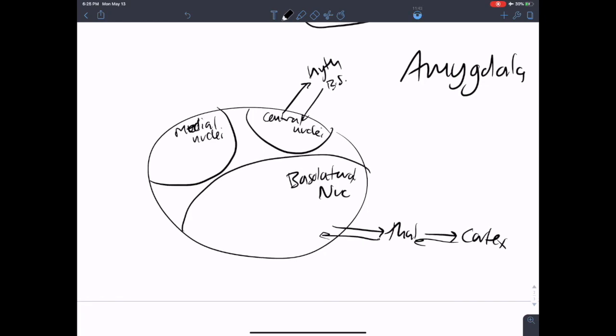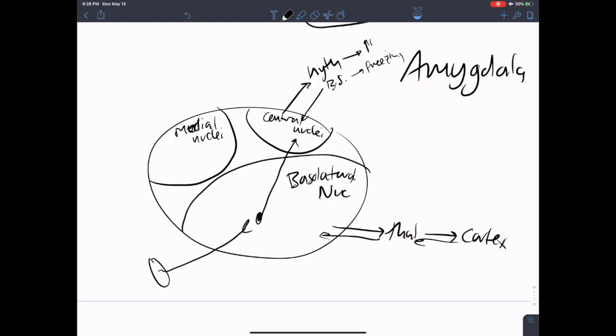So in rats, if you shock their foot, what happens is you have information coming in from nuclei in the pain pathway that projects to the basolateral nucleus. These neurons project to the central nuclei and produce what's called the freezing response based on the brainstem reticular formation, which is a way to assess negative emotion, and into the hypothalamus, which is, remember, the master regulator of the autonomic nervous system.